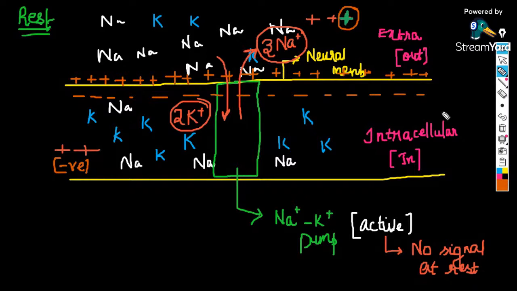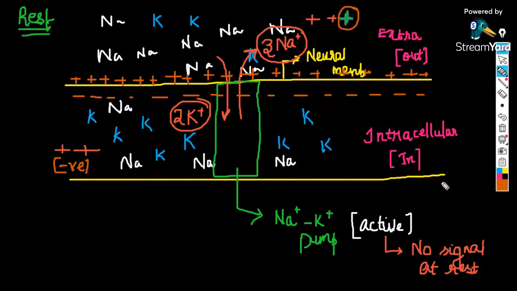So what happened over here? There became a charge difference. Due to the activity of the sodium potassium pump, a charge difference is created. Clear? The outside of the membrane becomes positively charged and the inside becomes negatively charged. This is your point number 1.